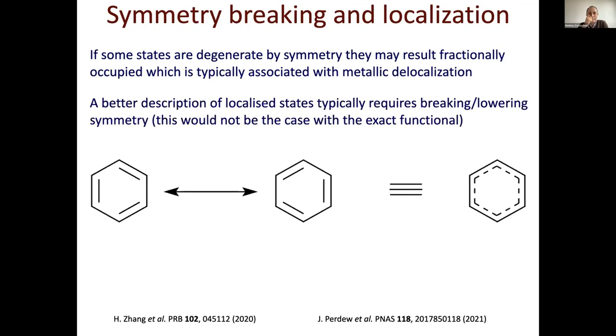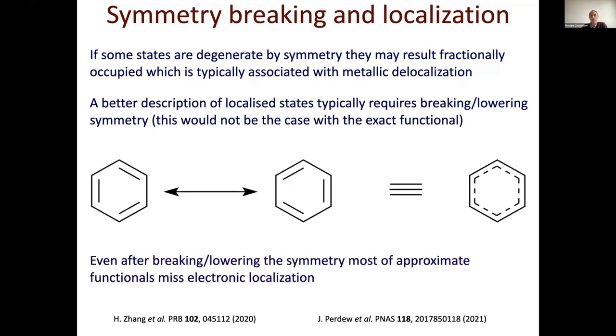In a sense, if some states are degenerate by symmetry, they may result fractionally occupied, and that's typically associated with metallic delocalization. The problem is that when you get some metallic density, the approximate functional is not able to recognize that it results from the resonance, let's say, of insulating ground states. So the problem is in the fact that it doesn't recognize it as a superposition of lower symmetry solutions.